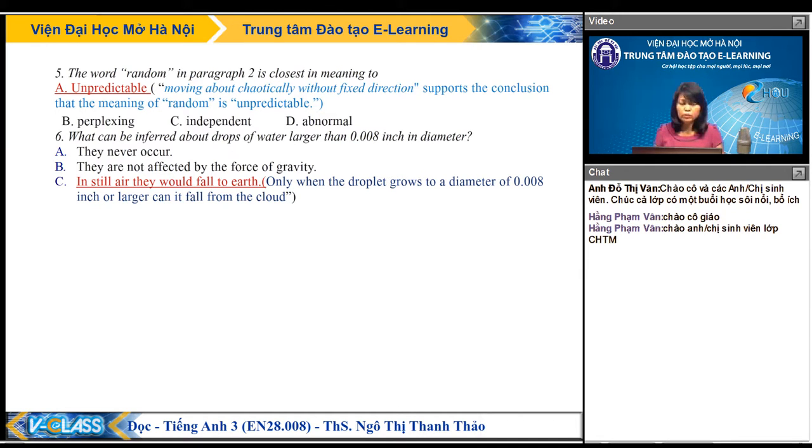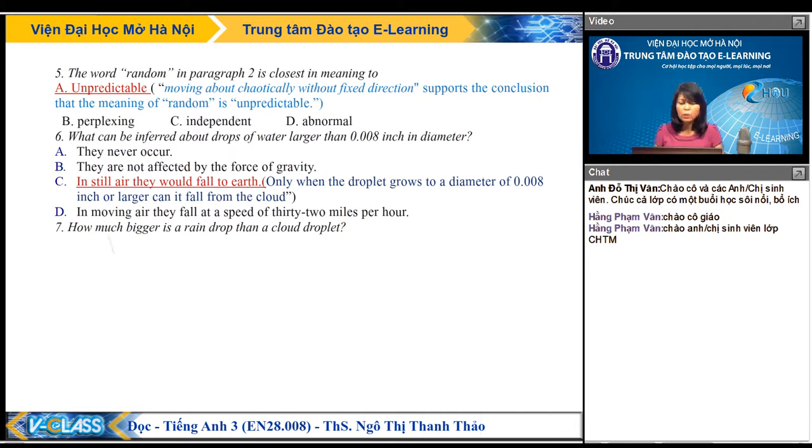They would fall to earth. And the last one, in moving air, they fall at a speed of 32 miles per hour. So the answer to question number 6 here is C. So you can see the clue next to that. Alright.